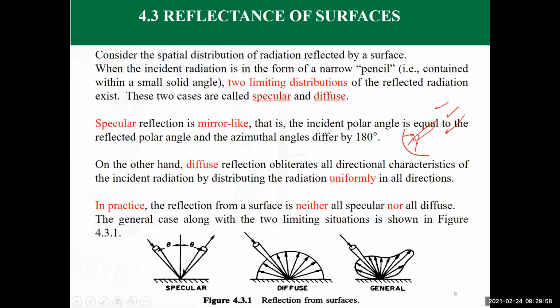Both of these, the specular surface and the diffuse surface, are idealizations. It's not easy to get a pure specular surface. And in reality, surfaces are generally like this, which means that they are not specular, but they are not actually diffuse in a way which is geometrically perfect like this. It's having something like that.